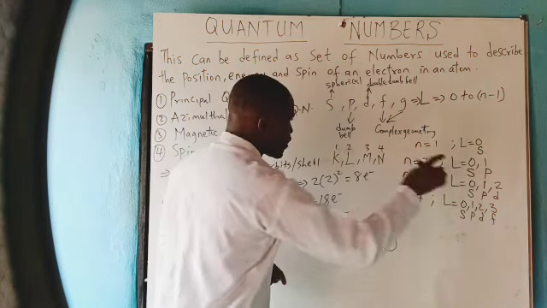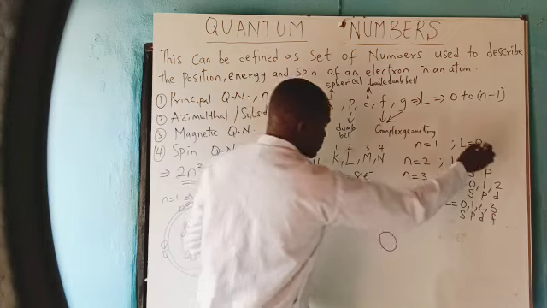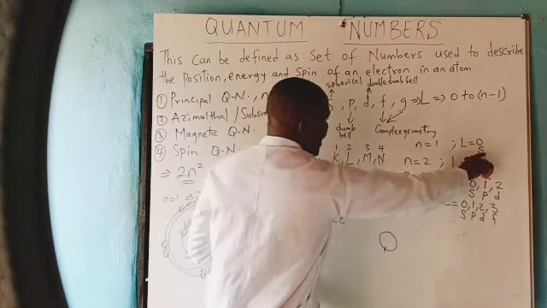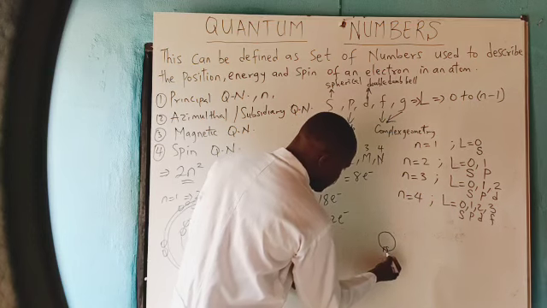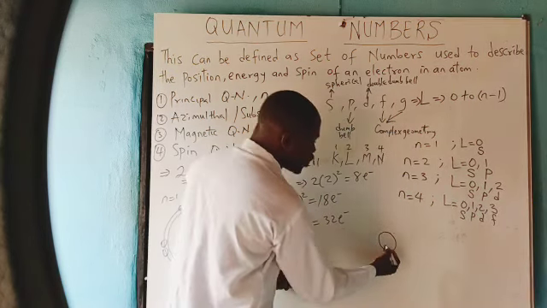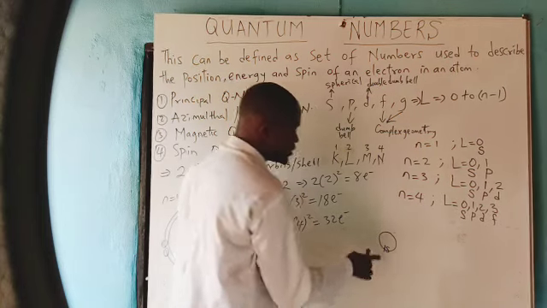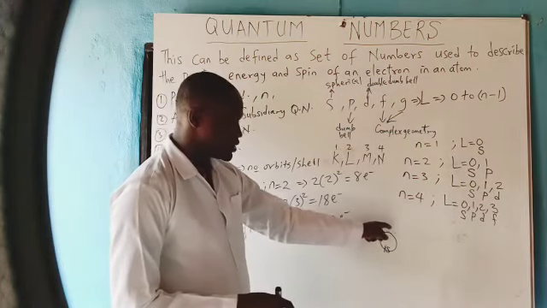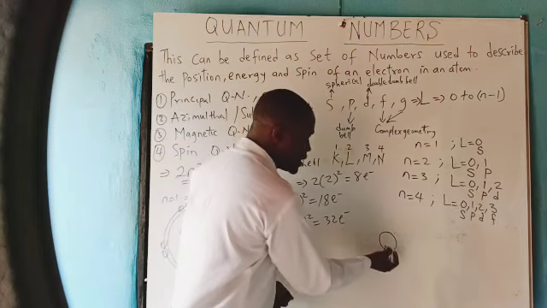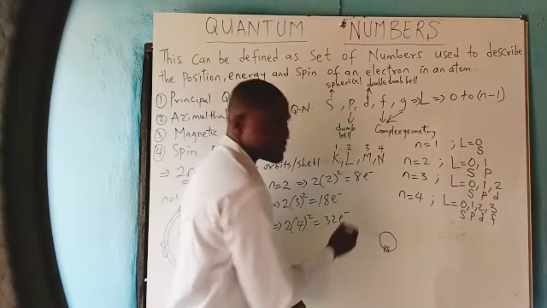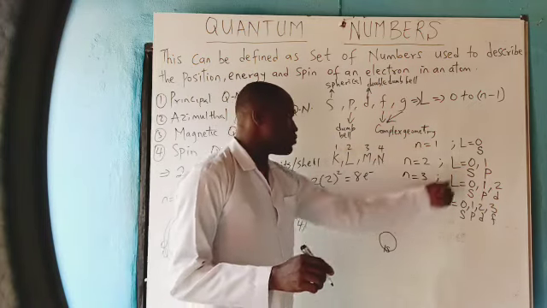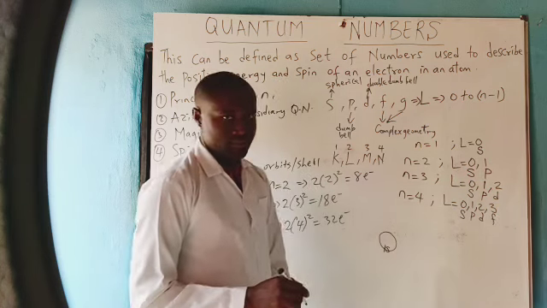This n is 1, and this is s, the orbital itself. So the subshell inside the first shell is called 1s. 1 means n is 1, and s means the orbital is s.